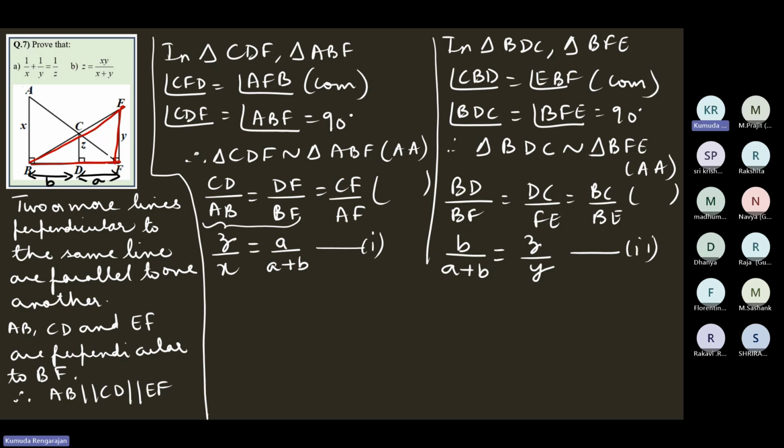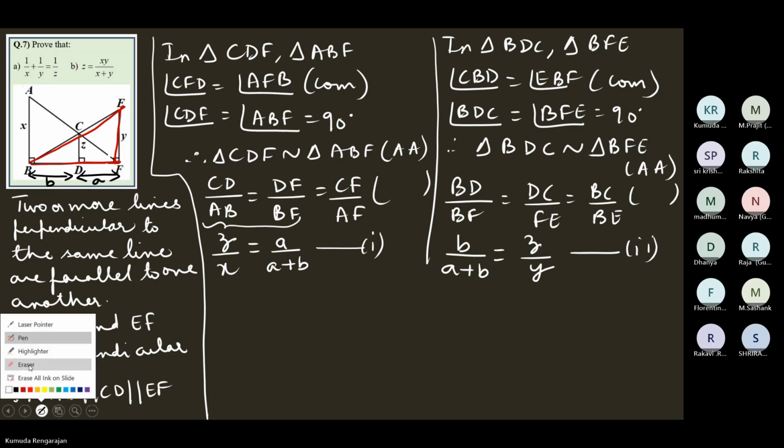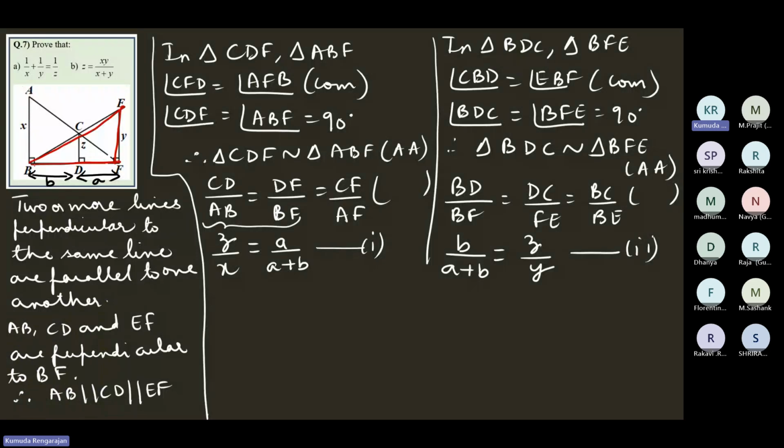The smaller triangle inside this one has the side BF, and the first big triangle which we took also has that side BF.